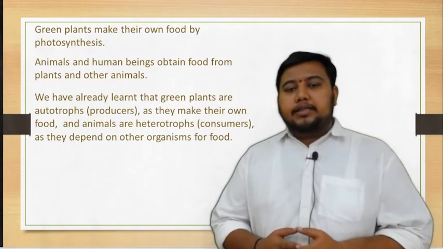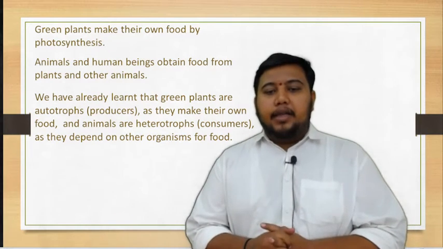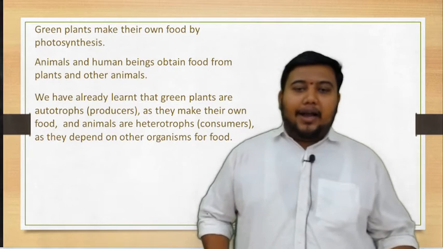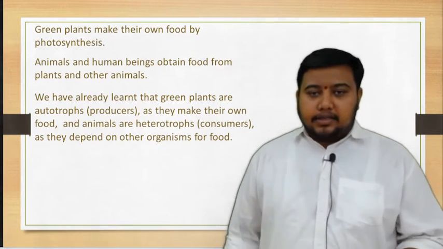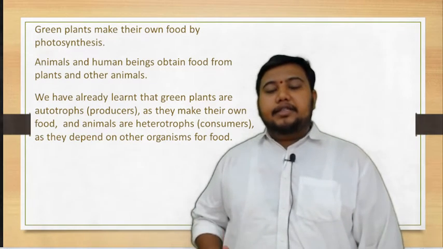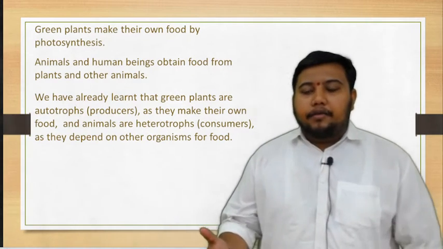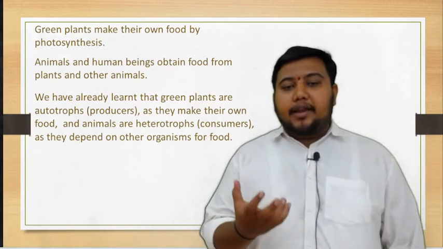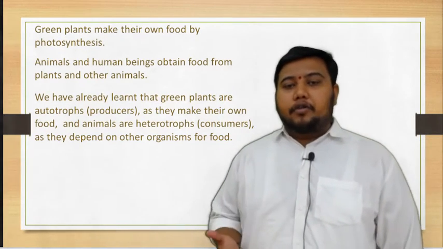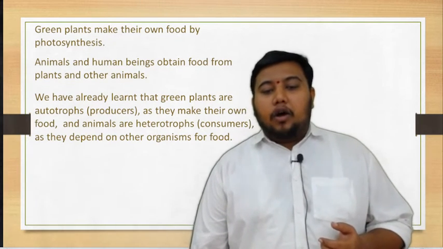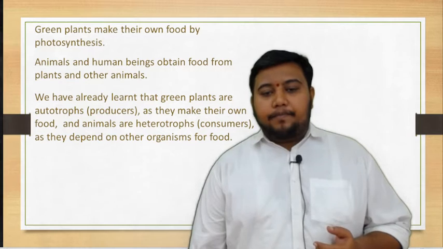We, the human beings, are heterotrophs, meaning we are consumers. We take food from the plants and other animals. Hetero means depending on others for food. We cannot produce our own food, we are consumers, as we depend on other organisms for food.